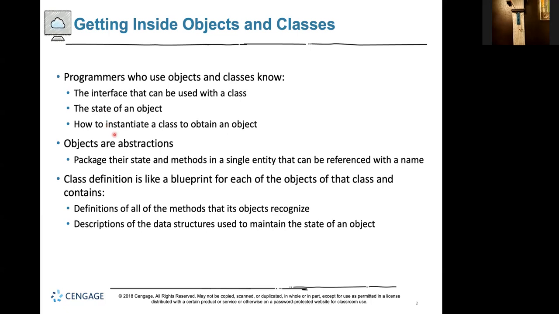And then how do you actually make an object? This is just the basics of the relationship between objects and classes. A class is basically an abstraction of the objects. These objects are made from a class, and you can think of a class like a template.